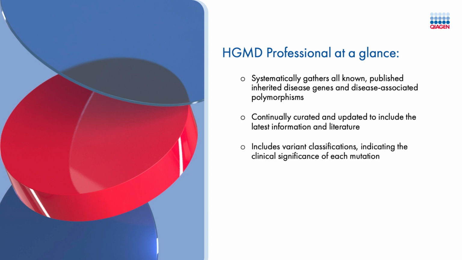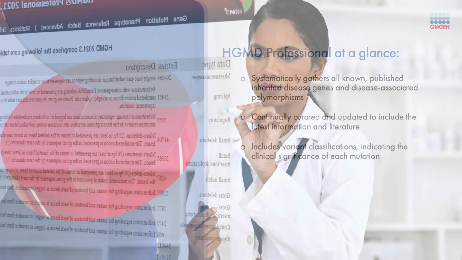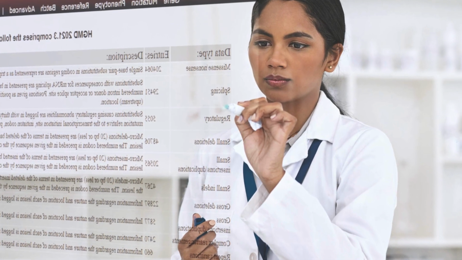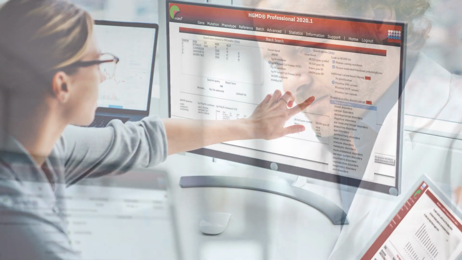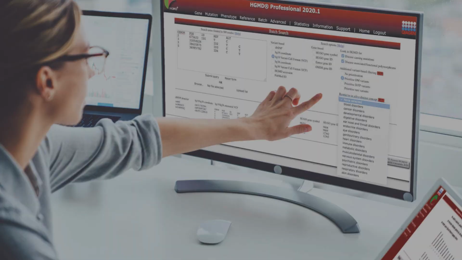It also includes variant classifications, which indicate the pathogenicity or clinical significance of each mutation. These classifications help guide clinical decision-making. Overall, HGMD Pro is a known, trusted resource that provides valuable clinical genomics information to researchers, clinicians, and geneticists.